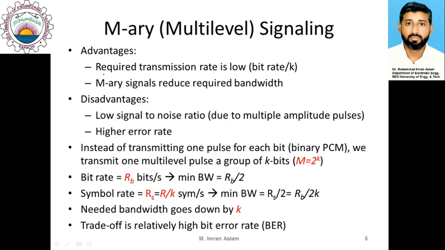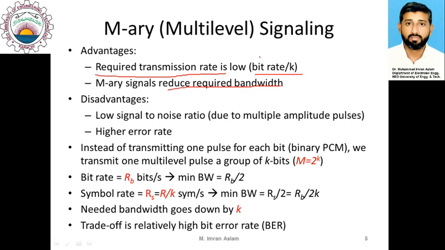First of all, the main advantage is we have a relatively lower transmission rate as compared to the binary coding, because the symbol rate is actually bit rate divided by k. So if we transmit one symbol, in that case we transmit actually k bits, so a number of bits are transmitted simultaneously. Therefore this M-array signaling reduces the required bandwidth for transmission.